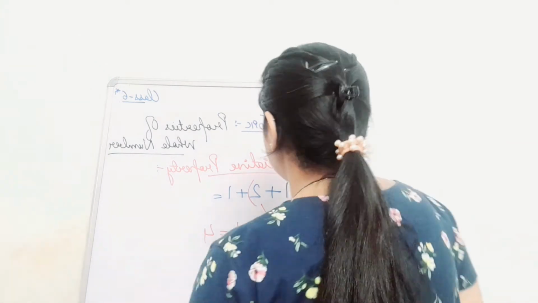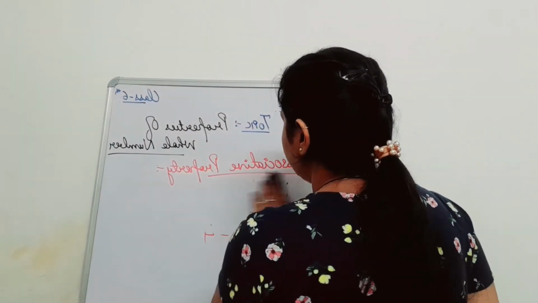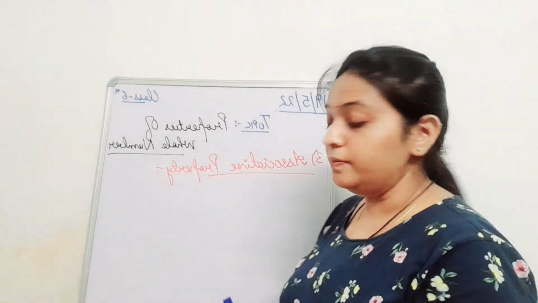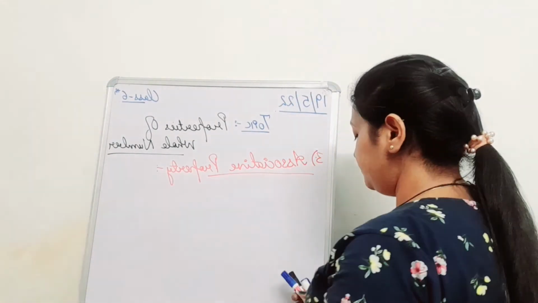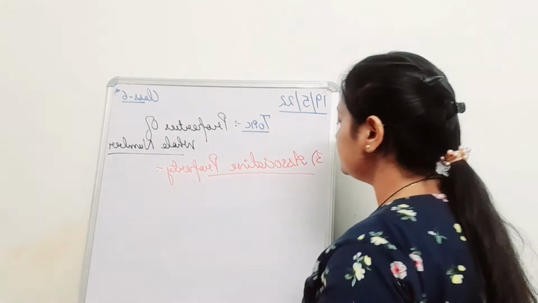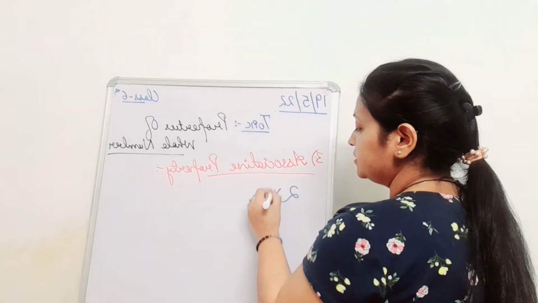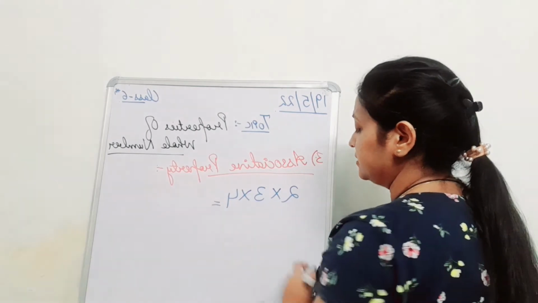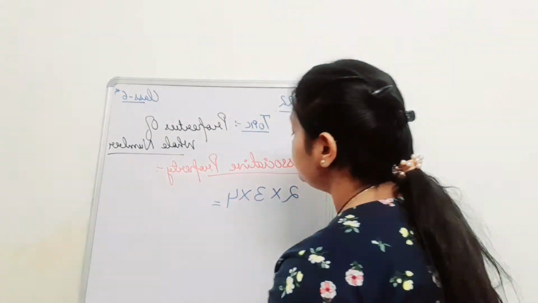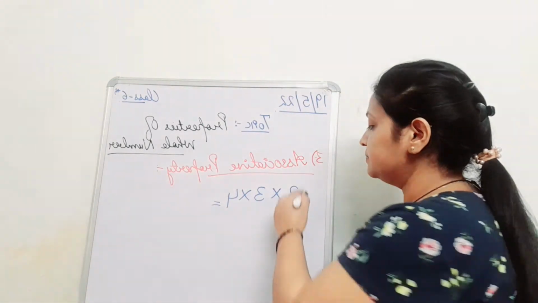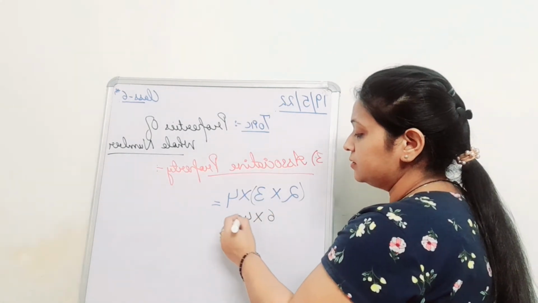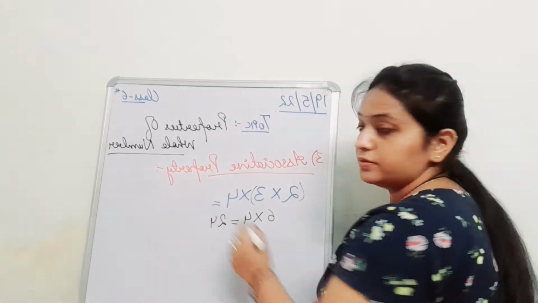Very good observation, students. Now I am going to explain it for multiplication also. If we have 2 cross 3 cross 4, and I multiply 2 cross 3 first, what do we get? 6 cross 4, so the answer will be 24.